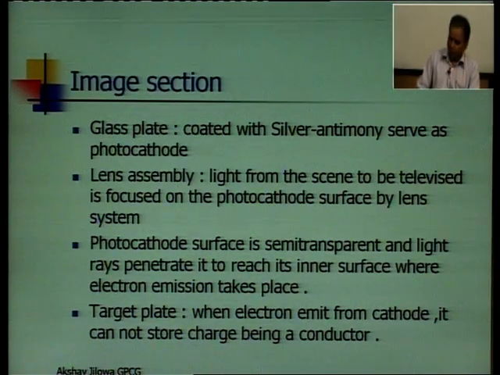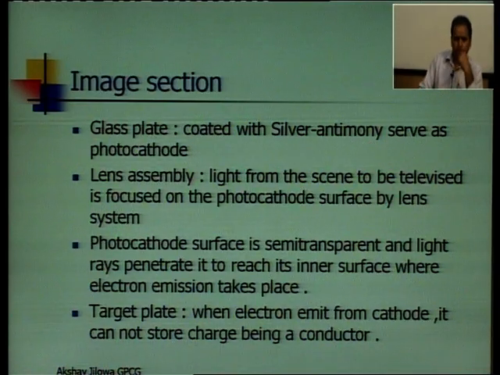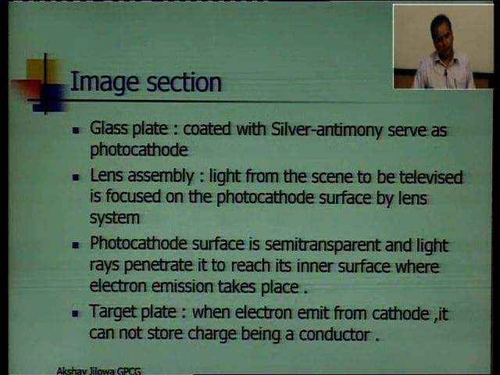A particular focal length is there, so due to that focal length, a particular image is focused on the photocathode. The photocathode surface is semi transparent, and light rays penetrate it to reach its inner surface where electron emission takes place.